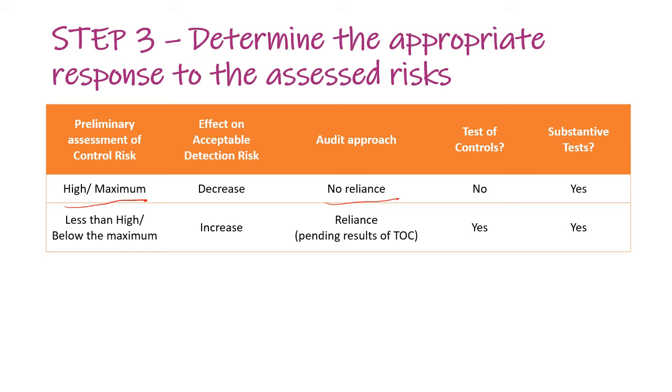In order to balance or compensate, because we know that there should be an overall acceptable audit risk. This acceptable audit risk is a combination of your inherent risk, the control risk, and your detection risk.